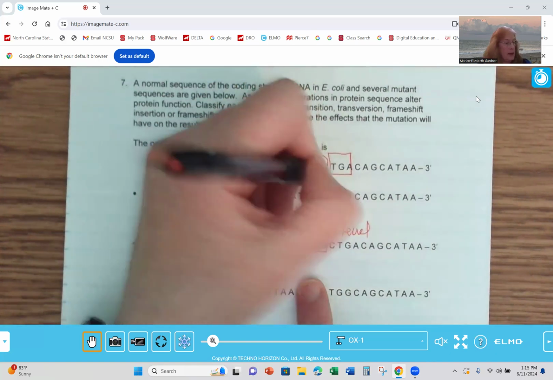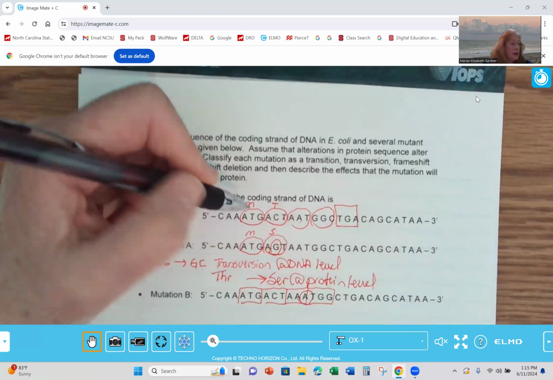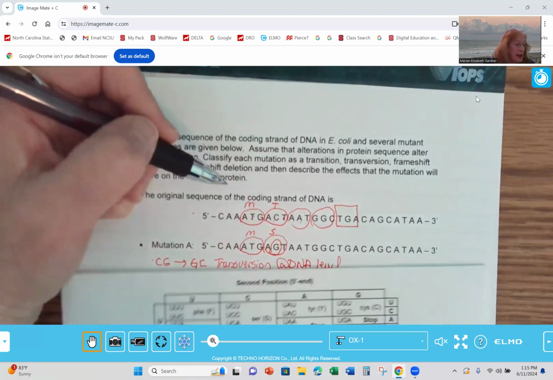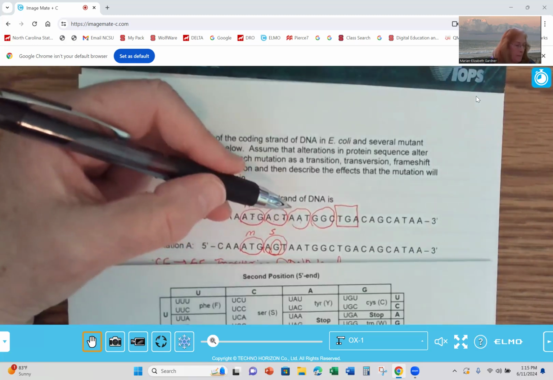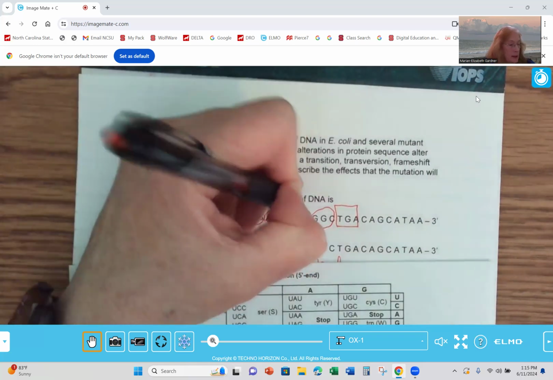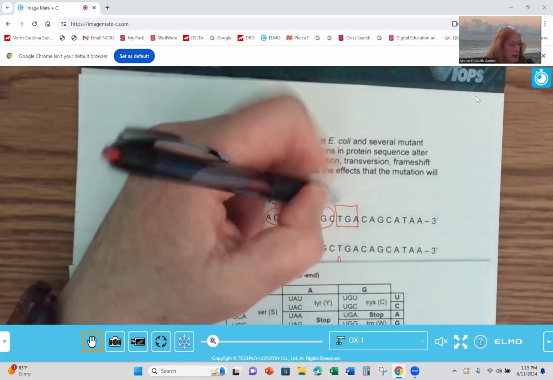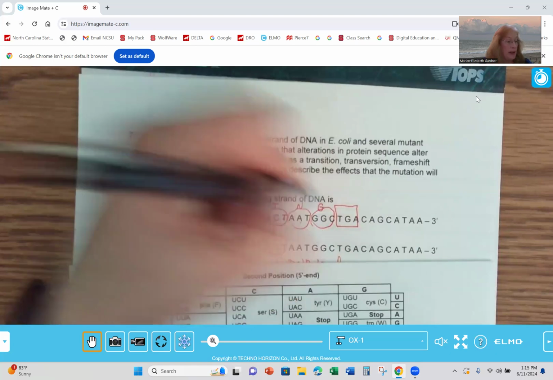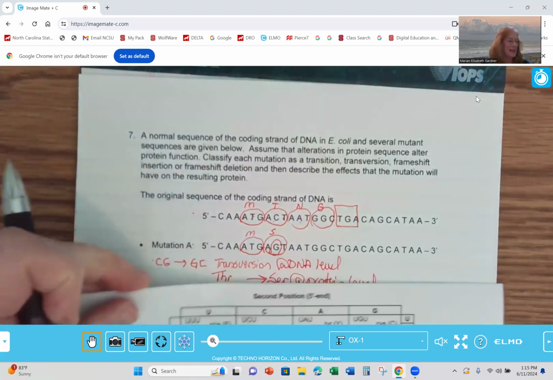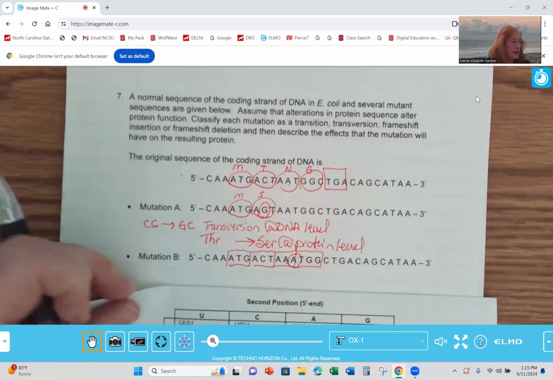I'm going to translate the rest of my initial protein. AAU, asparagine, GGC, glycine, and then it quit. So MTNG.